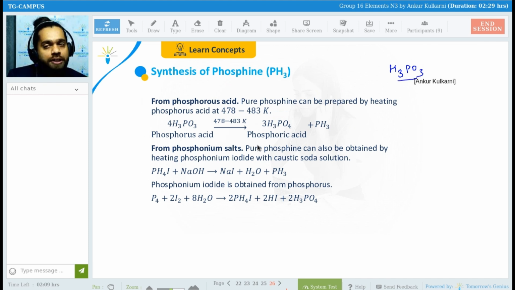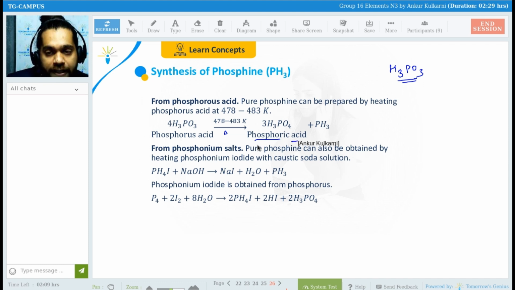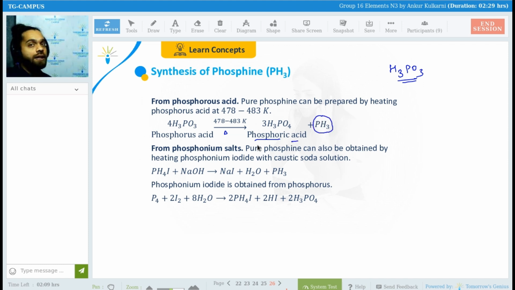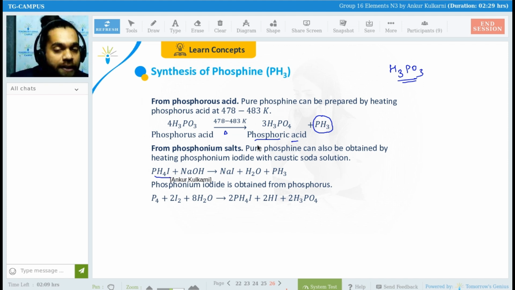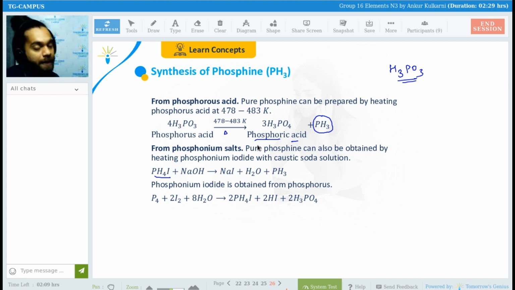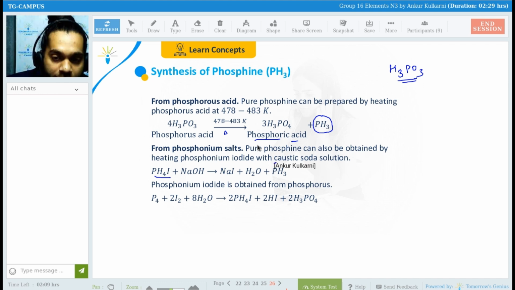We have all the structures regarding this, but first understand the reactions from phosphorus acid. If I heat it, they combine with each other to give you phosphoric acid, and the phosphine will be lost. Similarly, phosphonium iodide we have already seen. If I add the base to the phosphonium iodide, again I'll get phosphine.